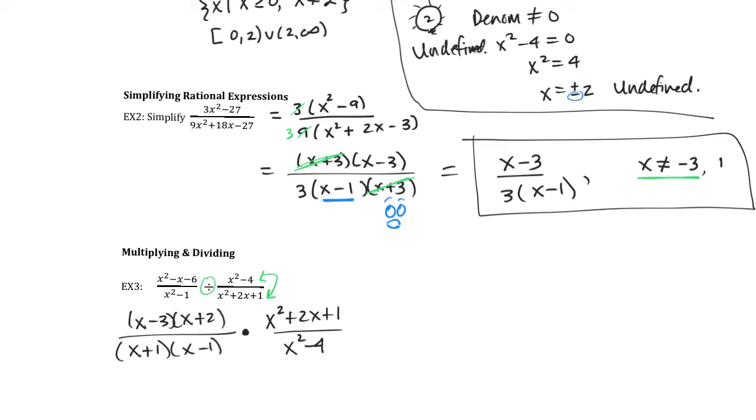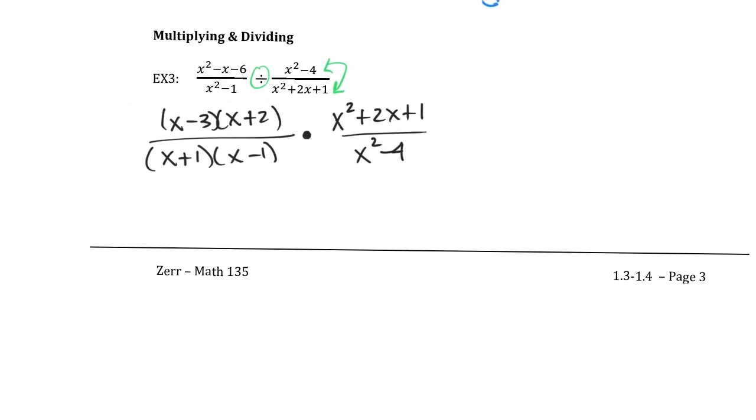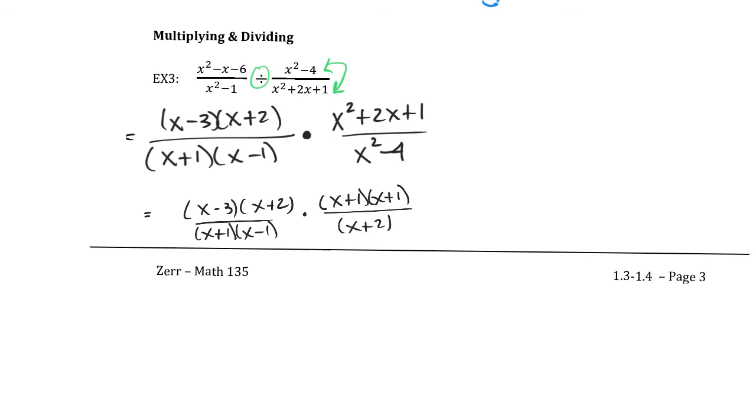Then we'll go ahead and factor that. We have x minus 3, x plus 2, and I'll just copy that down. The second one factors to x plus 1 times x plus 1 all over x plus 2, x minus 2. Then we look for anything that might simplify.